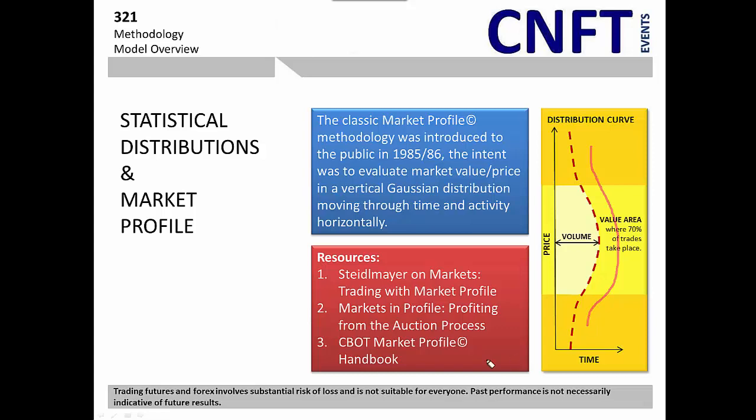In trading, we deal with non-Gaussian distributions, which means we always have a tail. Where a normal distribution will be very, very symmetrical over large populations, when you get into the futures markets, we don't have that symmetry. We always have to deal with a tail.